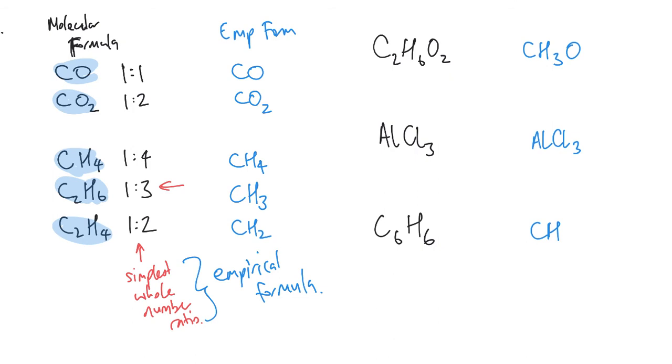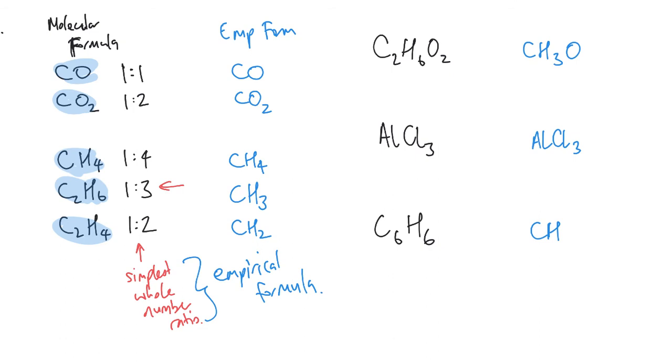So, give you another 30 seconds. Okay, so those are your three empirical formulas from the molecular formulas that you were given. Some task will be to identify the empirical formula of a substance, and you just work out the simplest whole number ratio. Okay.